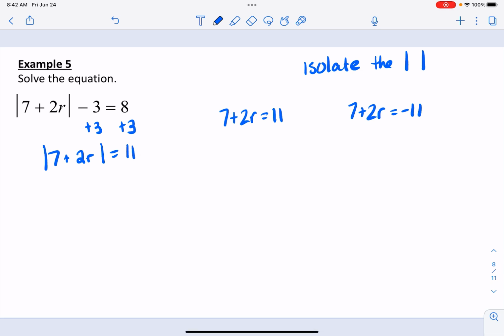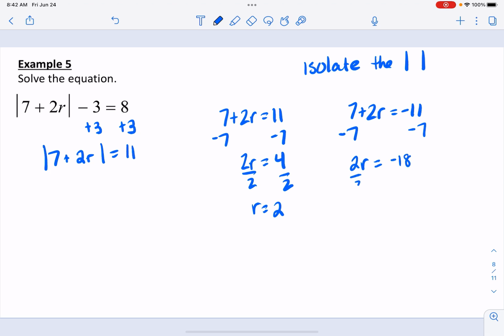And then I solve from here. I subtract 7 from both sides. 2r equals 4. I divide by 2. I subtract 7 from both sides. Negative 11 minus 7 is negative 18. I divide by 2.